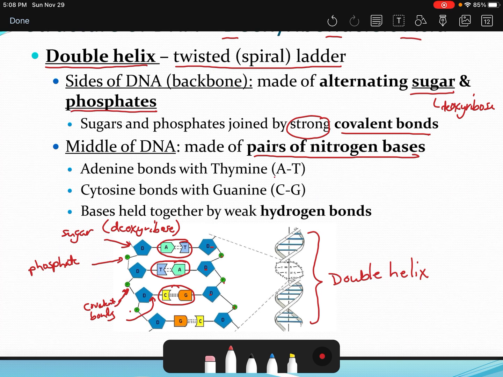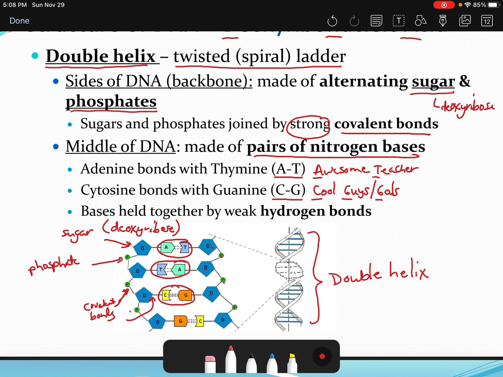So always remember A with T, C with G. Or you can just, if you want to remember it, you can just think of you have an awesome teacher, right? And you are all cool guys and gals. Okay? So C with G, A with T.